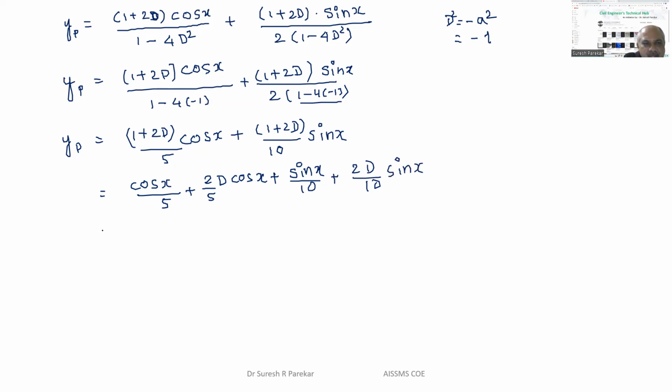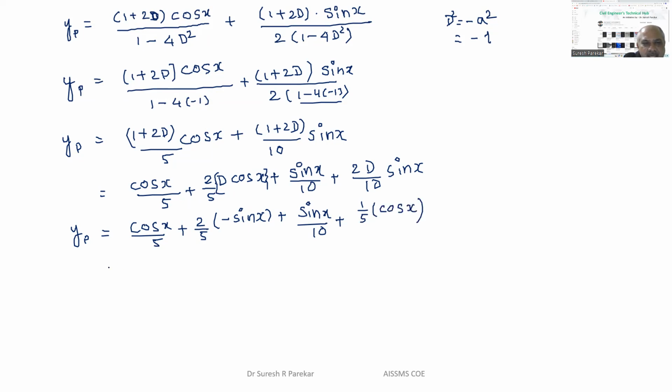And now we have to solve this. So we will get yp equal to cos x upon 5 plus 2 by 5, then we have the derivative of cos x, I already mentioned it is minus sin x, plus sin x upon 10 plus 2 by 10 becomes 1 by 5, and the derivative of sin x we have cos x.